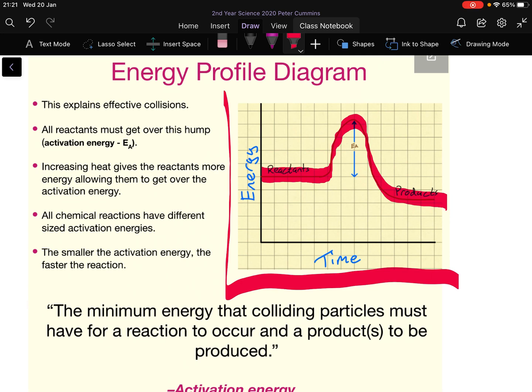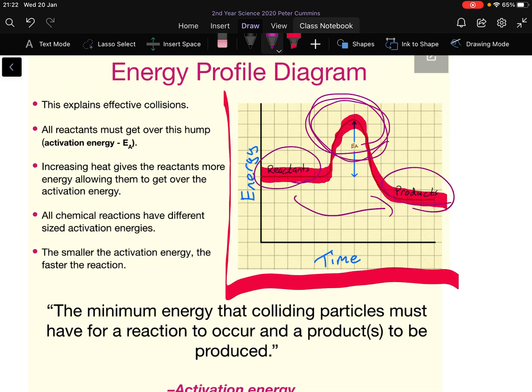And you have to get over this hump if you want to go from reactants to products. So, a bit of the lingo. All reactants must get over the hump. So they must have enough energy, enough activation energy.